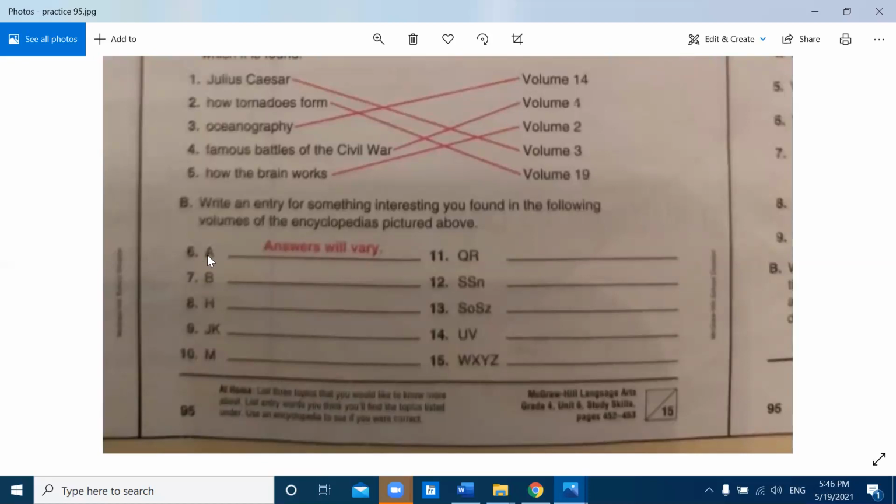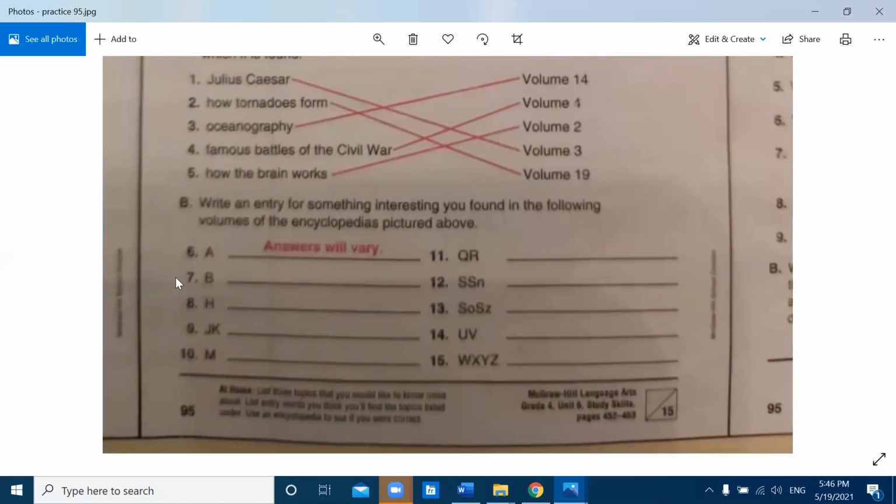For instance, if we were in the letter A, we could find Africa, we could find Argentina, we could find apples, we could find antelopes, we could find alligators. Letter B. In letter B, I could look up, one of the students today said Biden, which is great.